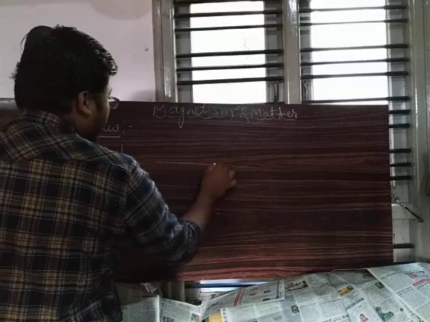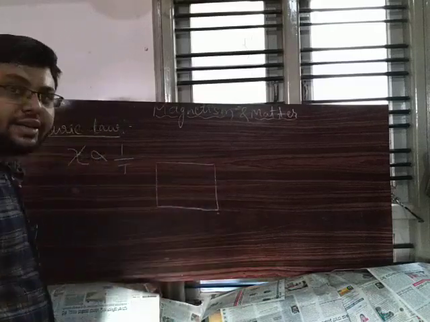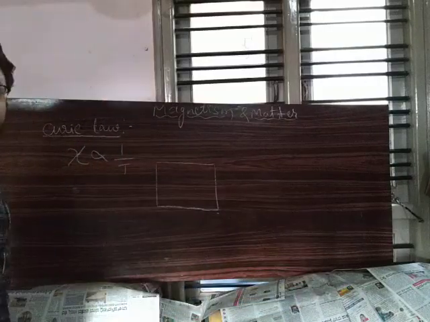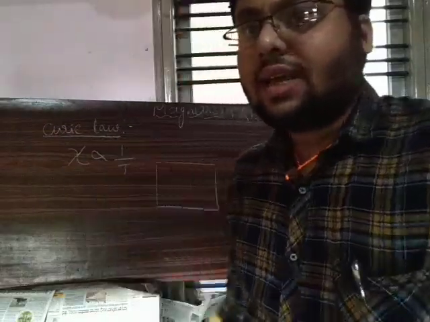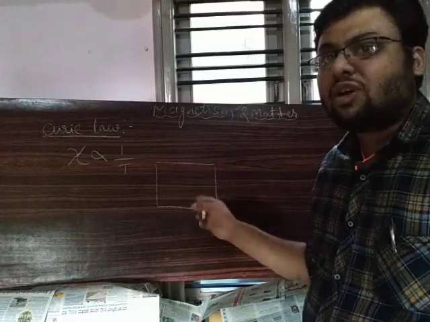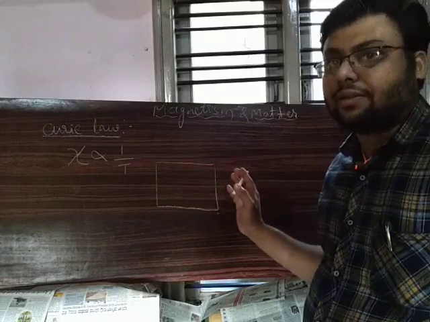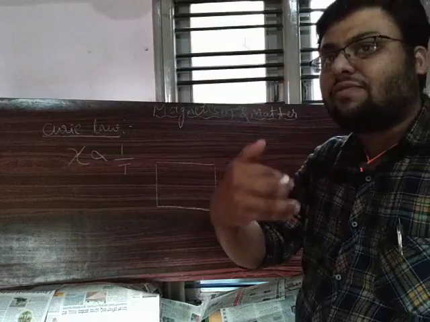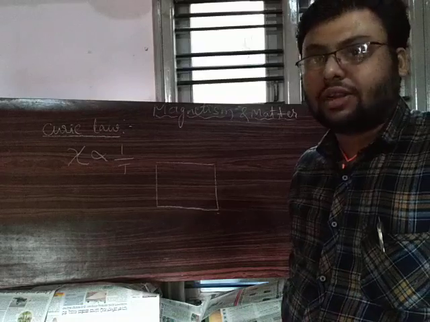We already studied the structure of paramagnetic material. Initially the dipoles are aligned in a random manner, so the net magnetic moment of the material is zero. But when we apply the external magnetic field, it forces those dipoles to align themselves partially along the direction of the external magnetic field.